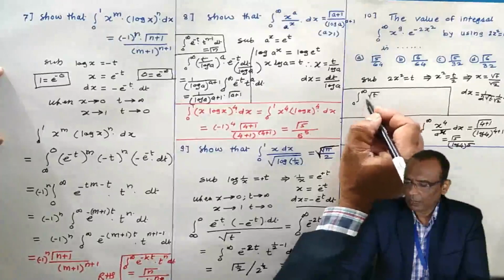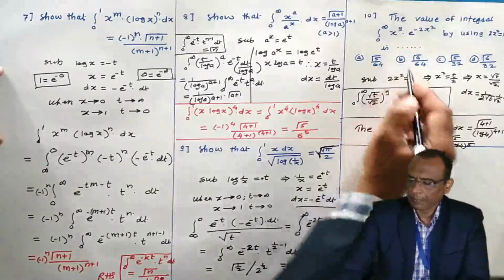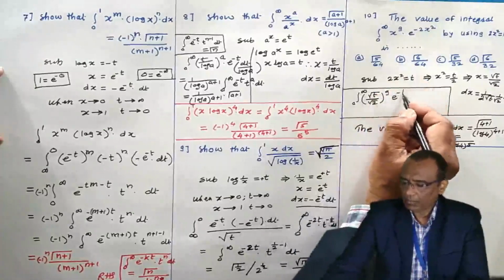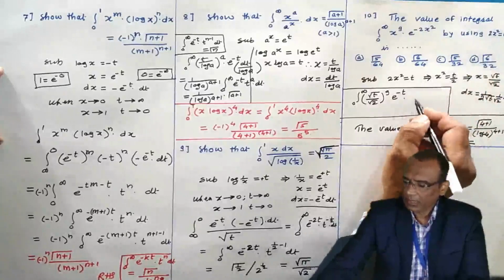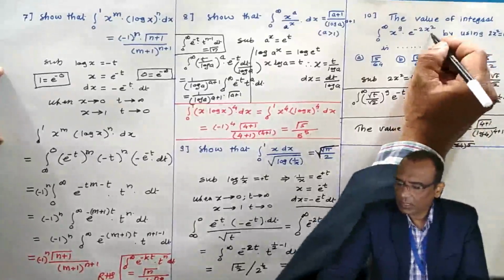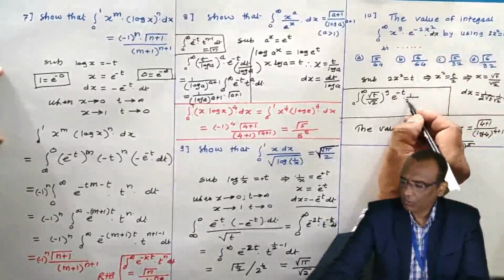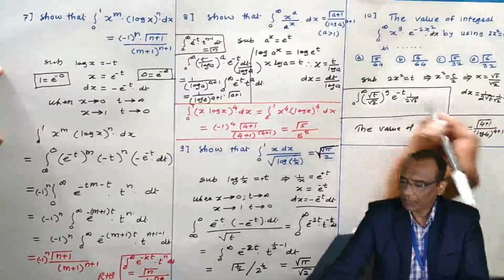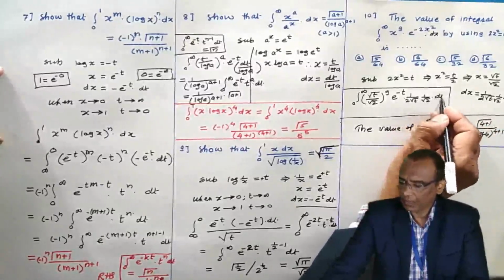Root t by root 2 power 9, e to the power minus t, 2x square equal to t. Now dx is, I have not written here, 1 by 2 root t, 1 by root 2 already there, dt.